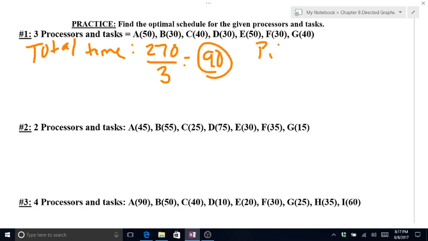So processor 1, processor 2, processor 3. What can I group together to give me 90 minutes? E and G. F, D, and B. And A and C.